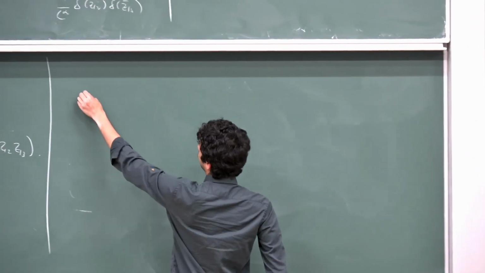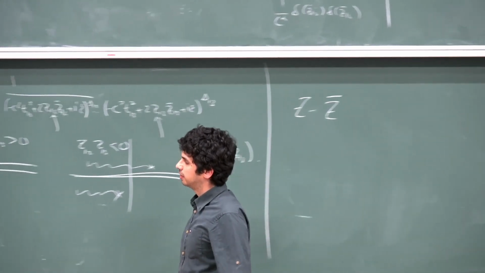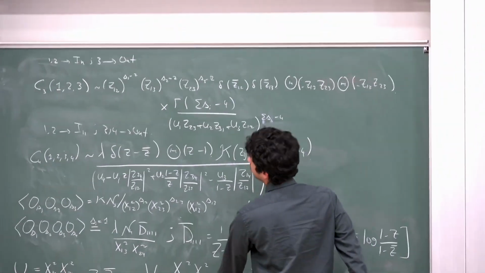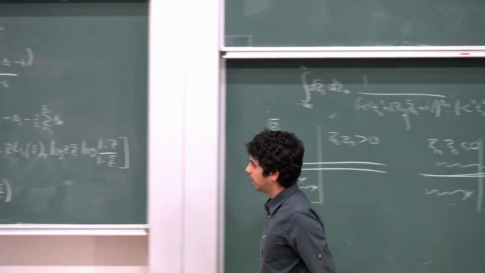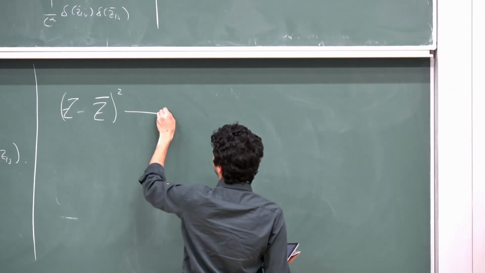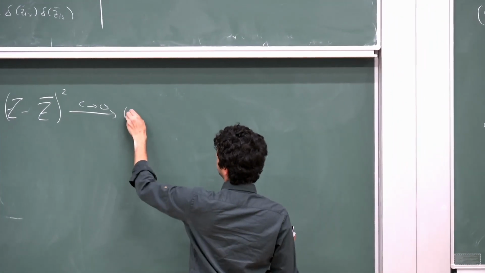So Z and Z bar are related to the 4D cross ratios here. And what you can do is you can evaluate this as C goes to 0.